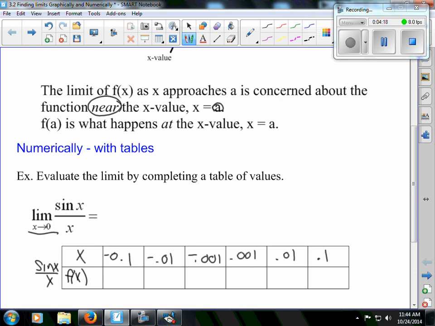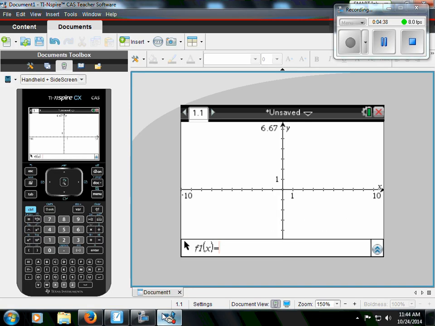As you can see, on the left side I'm getting closer and closer to 0, which I'm not actually plugging in, and on the right side I'm getting closer and closer to 0 as well, but I'm not plugging in 0. So now you can get your calculator out, and we're going to evaluate these.